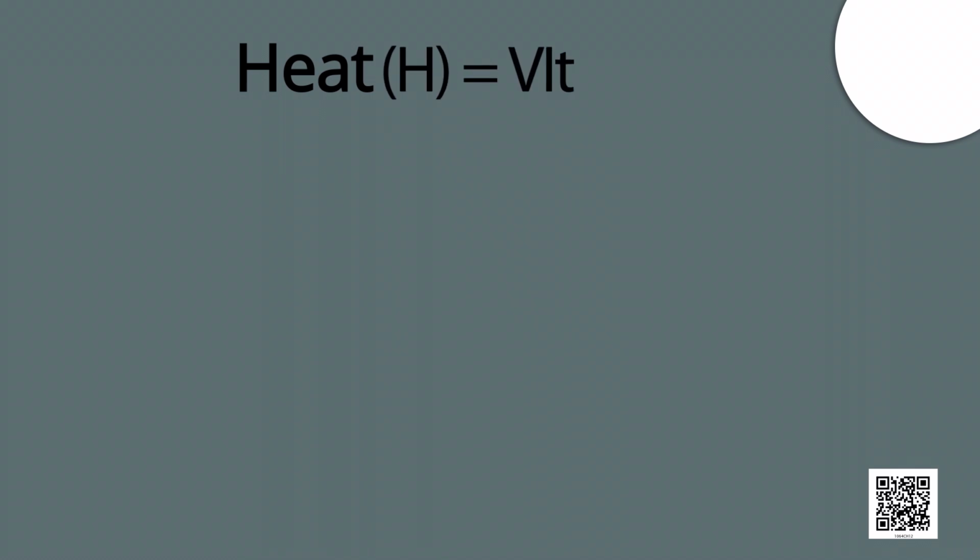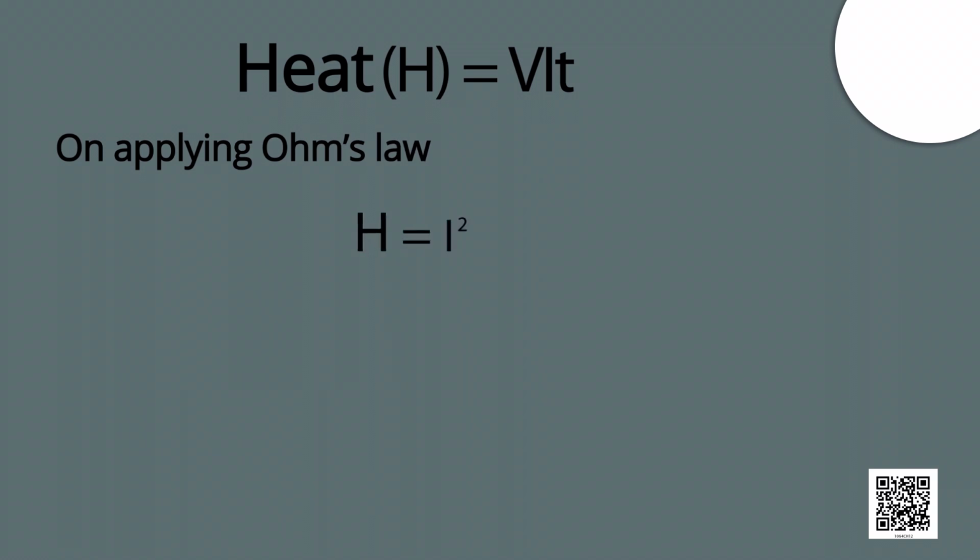This energy gets dissipated in the resistor as heat. Thus, for a steady current I, the amount of heat H produced in the time T is H equal to V into I into T. On applying Ohm's law to this equation, we get H equal to I square into R into T.